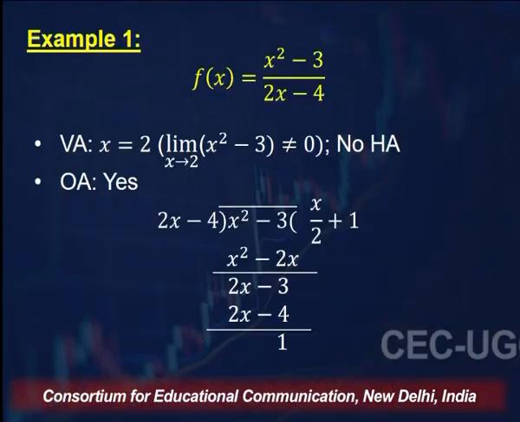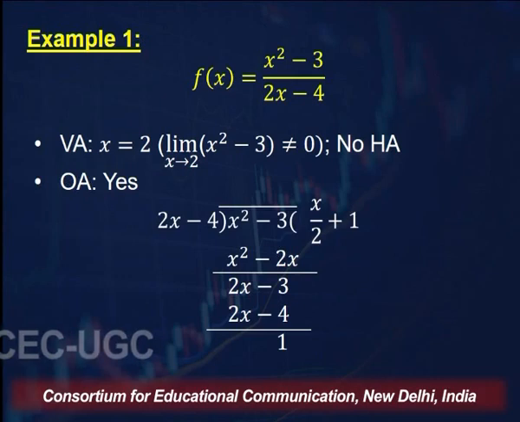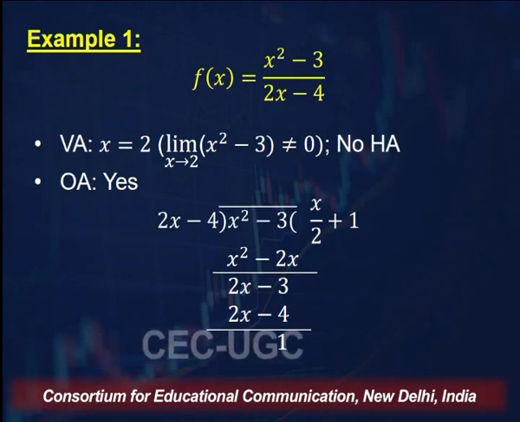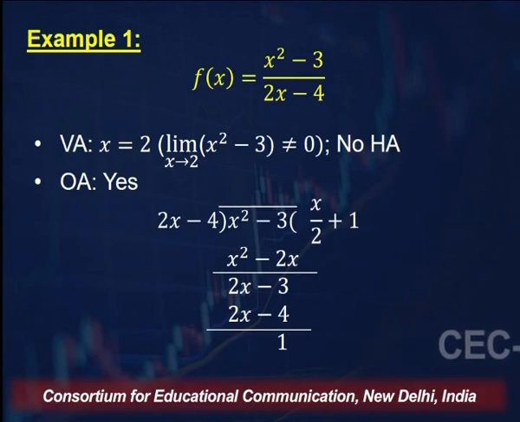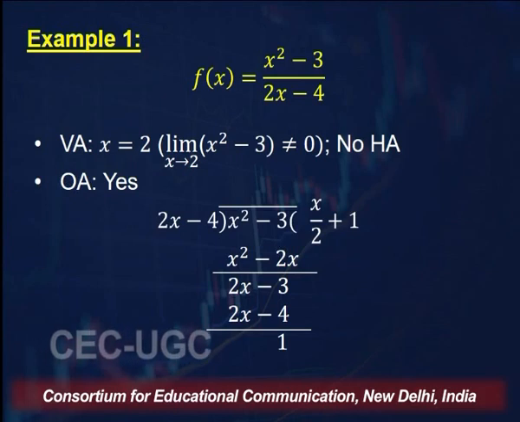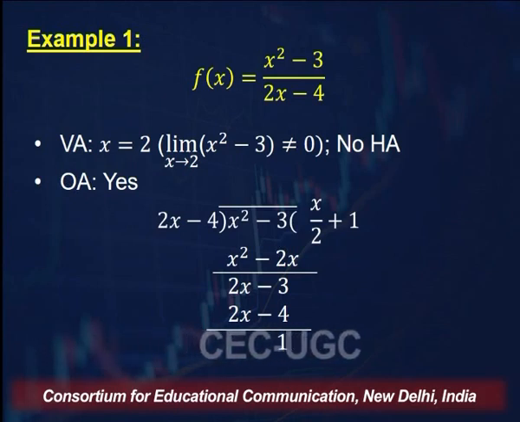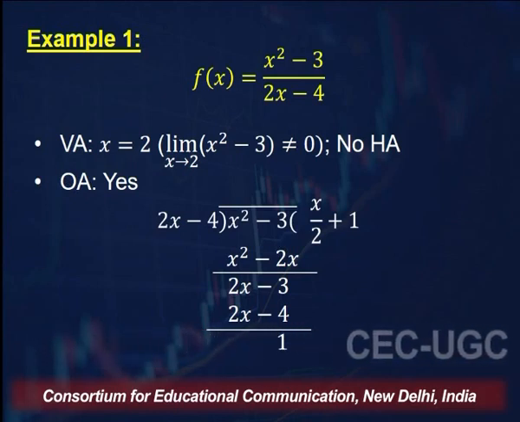So in this session, let's look at some questions because unless you practice, you won't really understand the concepts. Let's look at this example where we have a rational function, f of x equal to x squared minus 3 divided by 2x minus 4.